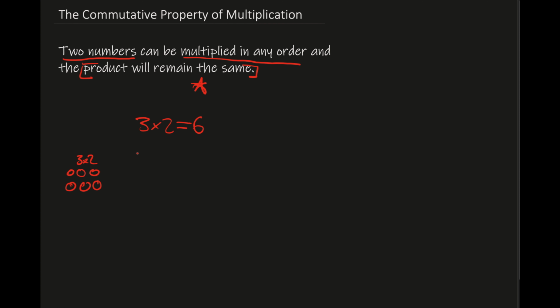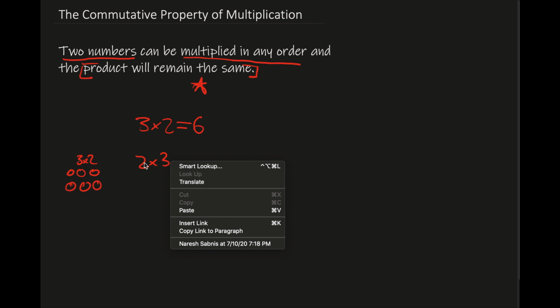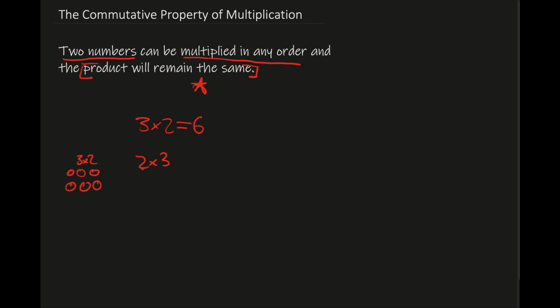Now we're going to do 2 times 3. Those are the two numbers, or two factors, that can be multiplied in any order, right? It's being multiplied in two different orders here. One is 2 and 3, the other is 3 and 2. Will you get the same number?